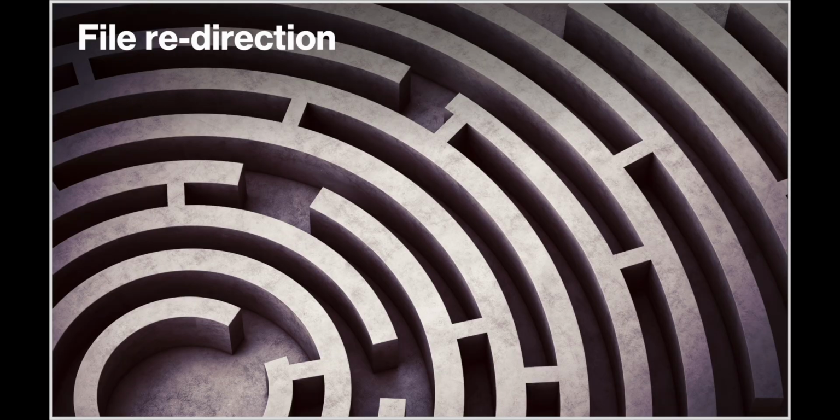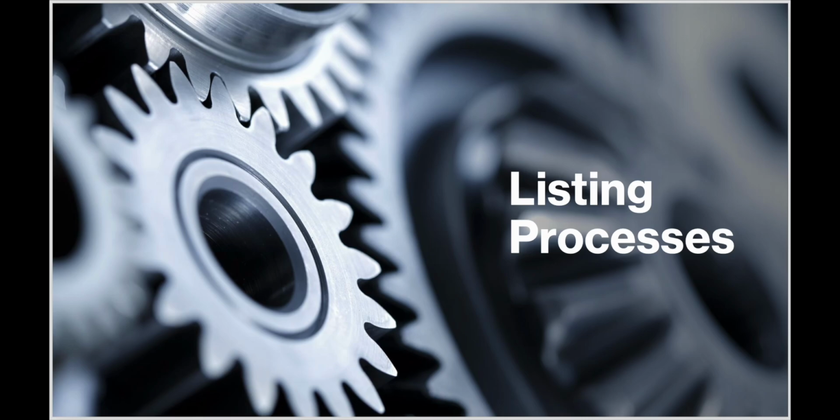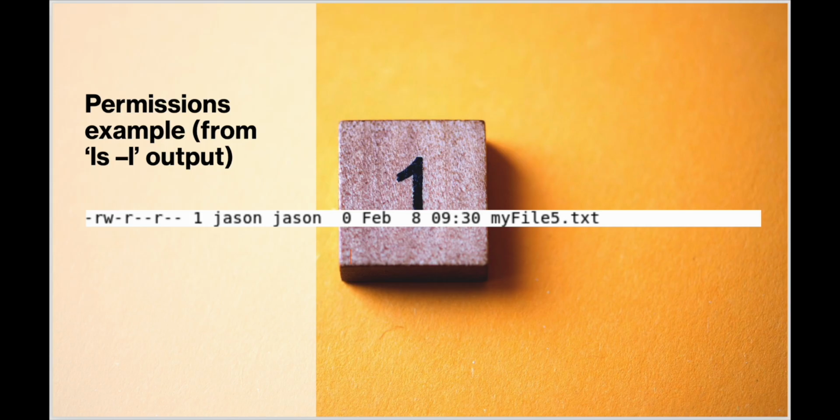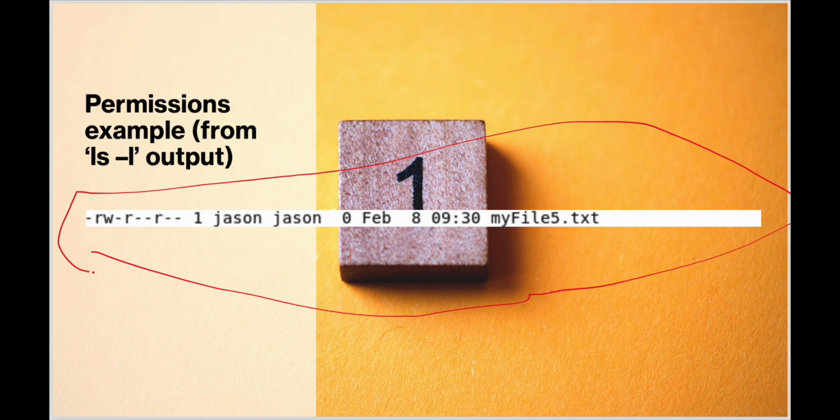Finally, or maybe not finally, we get into file redirection and listing processes. That is the ps command. And finally, we focus a lot in the second series of videos on the concept of permissions.